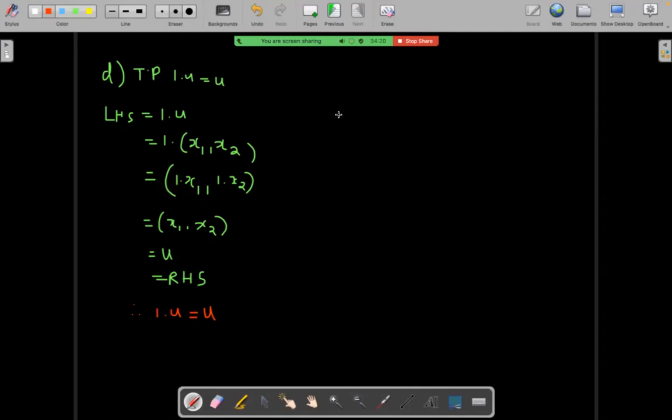So, altogether, we can say, since it satisfies both the claims, R cross R is a vector space under the defined addition and scalar multiplication, as per the problem.